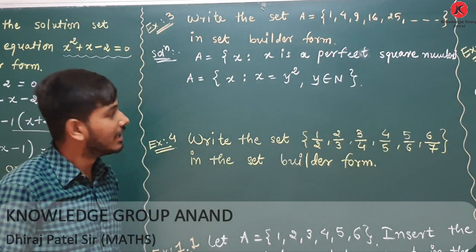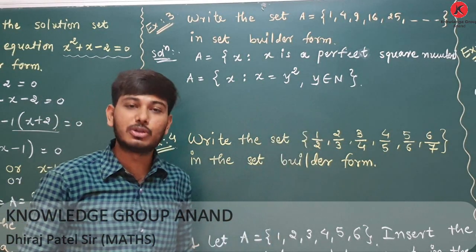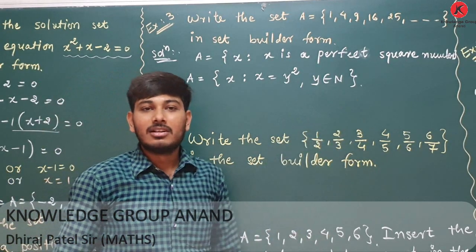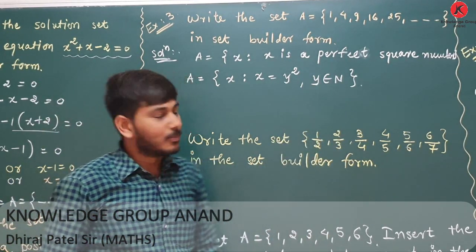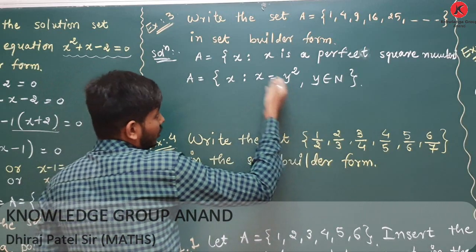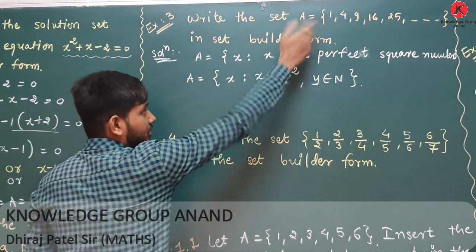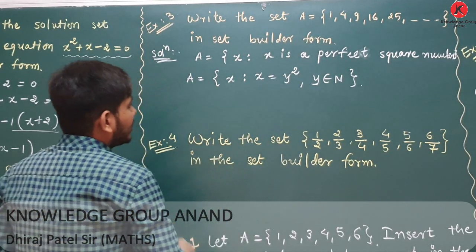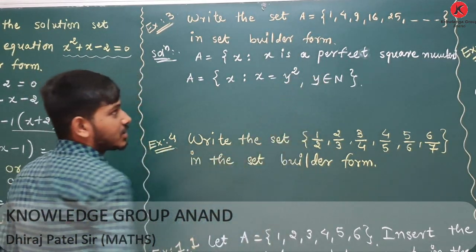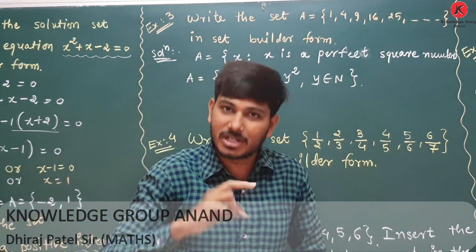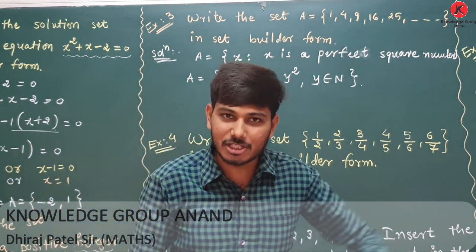Okay, or you can write in statement form: y is a natural number. So this one is also a set builder form of this question. There are different types of set builder forms, but in roster form only one answer is there, whereas in set builder form many answers are possible.